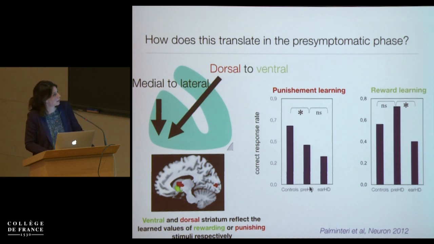If you look just in the pre-symptomatic carriers here, they learned less well the task when they were punished, if you compare to reward learning. And the conclusion was that the gradient of atrophy was more dorsal to ventral, because it starts with the punishment learning and the reward learning is conserved for a long time. So there is a small phenotype. Could we use this phenotype in a trial? I don't know. It's a very difficult task.